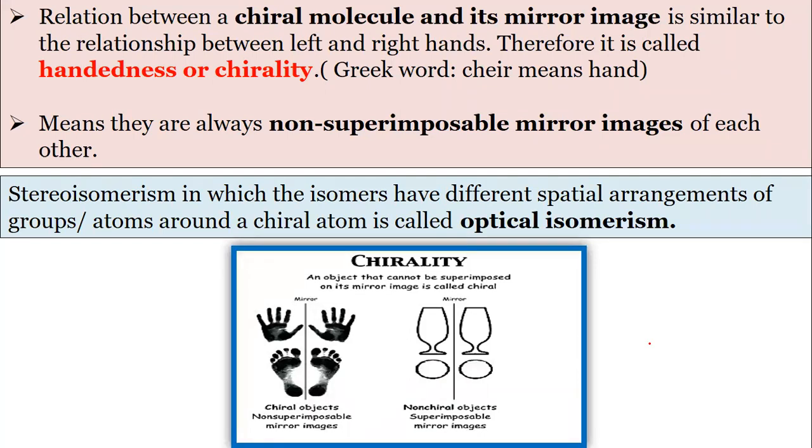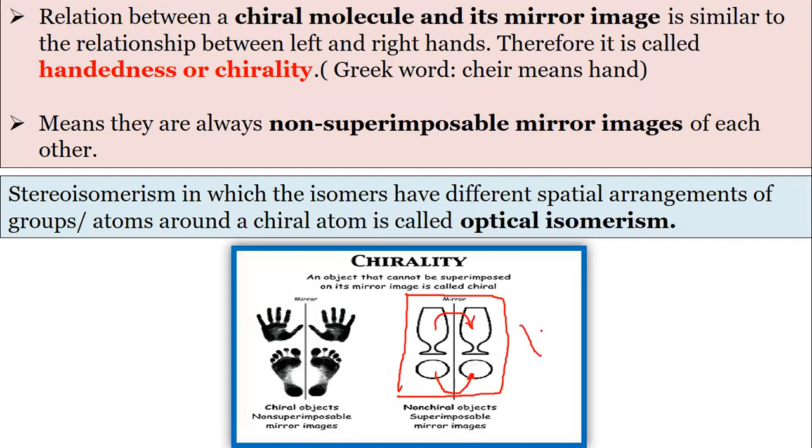Another example of mirror images is shown here for your understanding. These are mirror images. If you put this glass on this glass, it will match perfectly. This is a circular object, and if you put it on its mirror image, it will match.